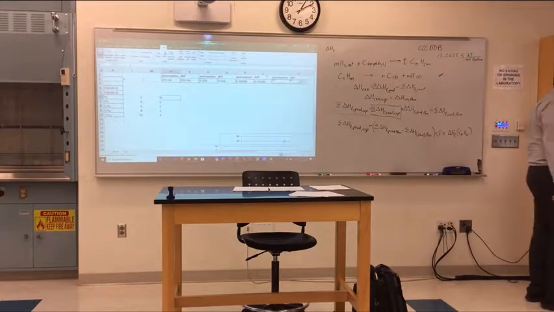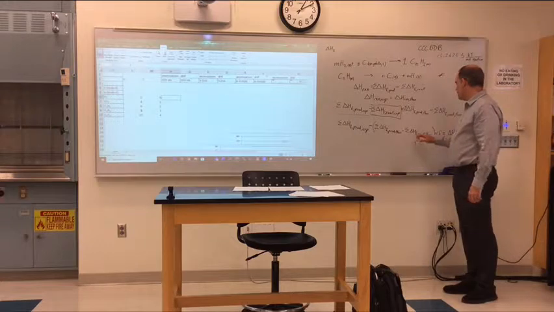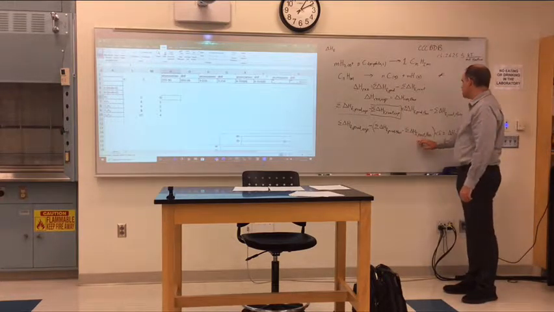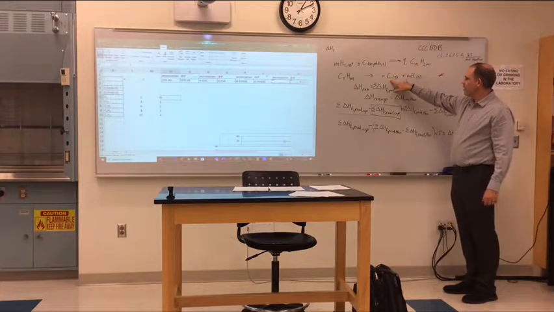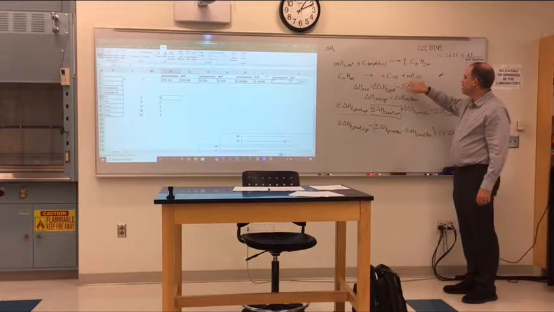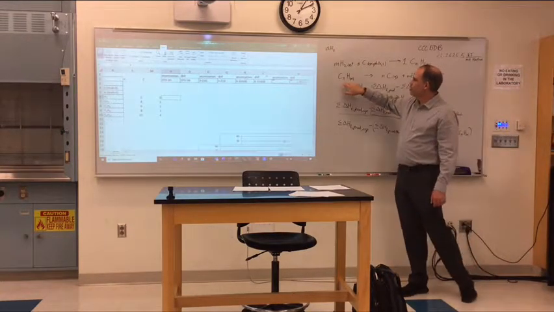So to find the atomization energies, it's the sum of the products minus the sum of the reactants. The products are our calculated values for the C and the H. And then we're going to subtract off the value for this one.